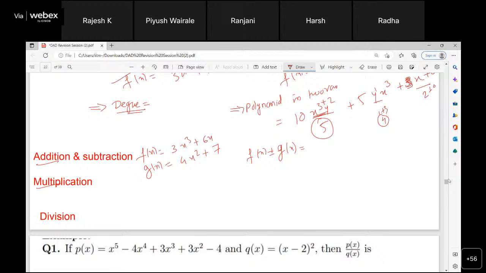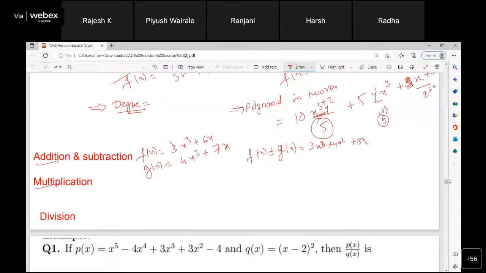So if I add f of x and g of x, it will be 3x cube and 4x square, and here you can see this x and this x, the coefficients of these two terms we have to add because the exponent is the same. So that is 13x. This is for addition. Same thing you can do for subtraction also.